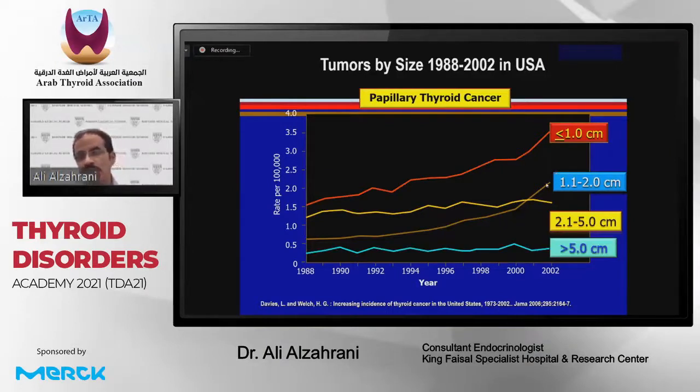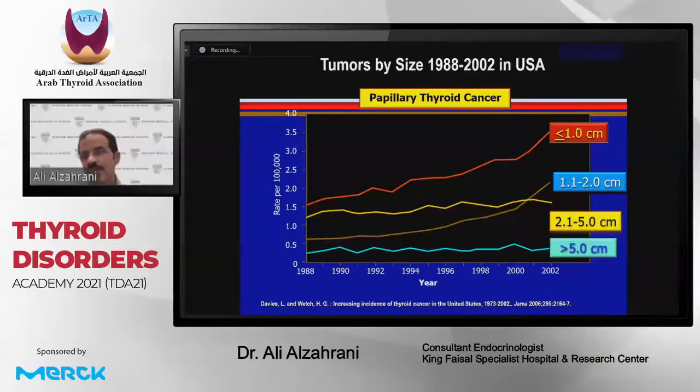And the reason for this is most likely the widespread use of ultra-sensitive methods like ultrasound. So you can see more than 2 centimeters, just a slight increase. When you look at tumors more than 5 centimeters, they have not increased over the last 30, 40 years.